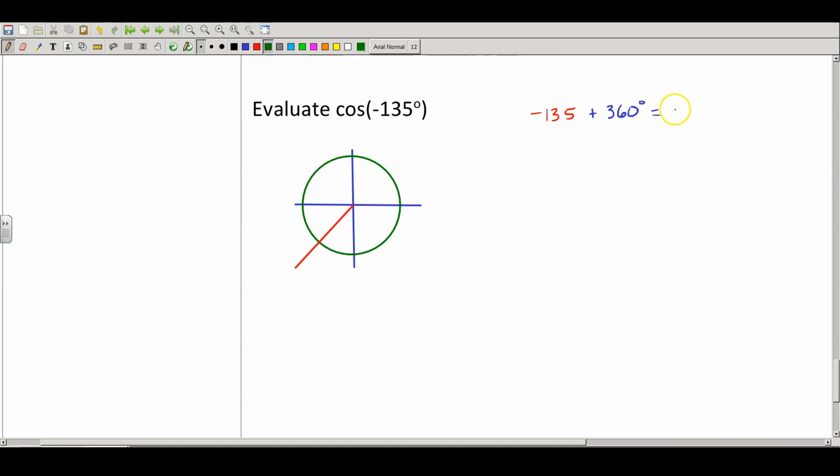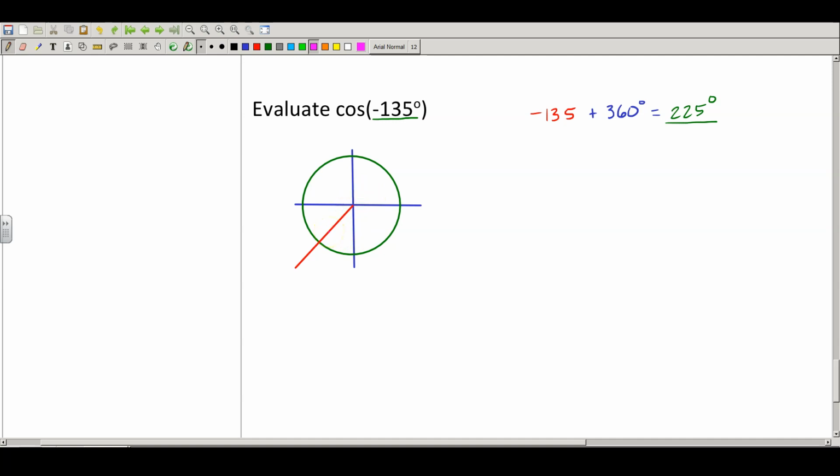So if I take negative 135 and add 360, I would get 225 degrees. So negative 135 is coterminal with 225 degrees, because if I add 360, I'm not changing the direction it's facing. Here's negative 135, and here's 225, just this way.